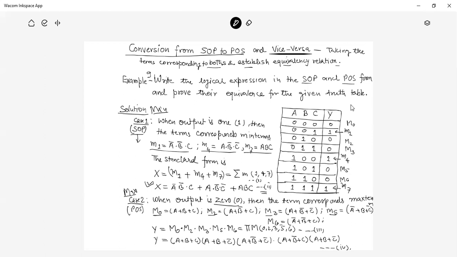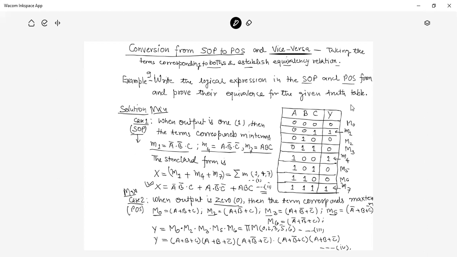M6 is 1, 1, 0, so A bar plus B bar plus C. So all these terms are sorted out, and we write the expression in product form. So this is pi, the product of the terms M 0, 2, 3, 5, 6. Here the expression is in terms of multiplication, and that is equation number 4.